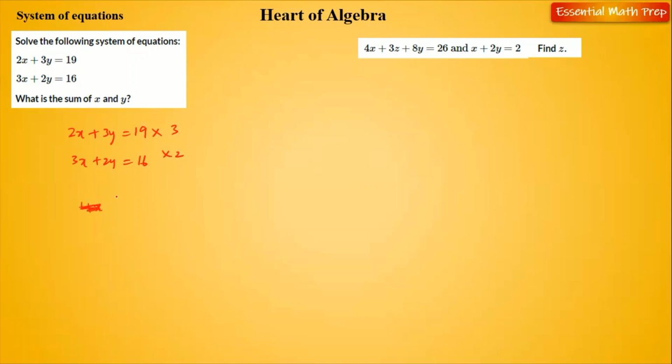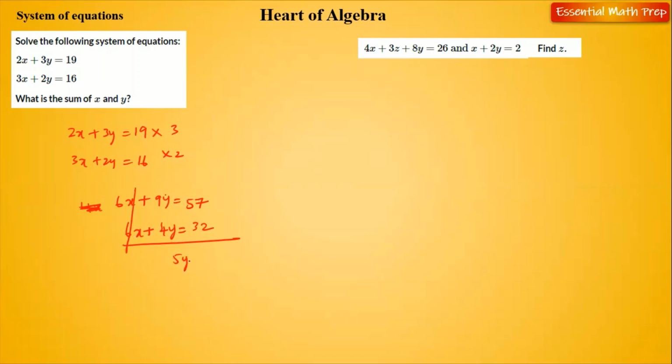That's 6x plus 9y equals 19 times 3, which is 57. And then I'm multiplying by 2 here, so 6x plus 4y equals 32, right? So x cancels out.